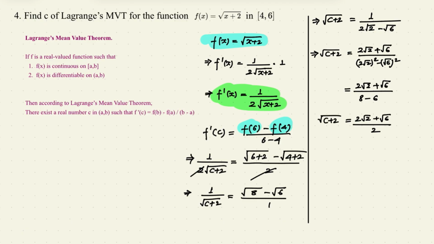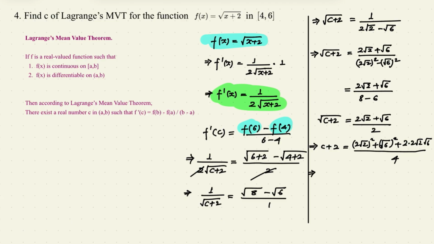Now in order to get the value of c, let us square both sides, then we will have c plus 2 equals, a plus b whole square is a square plus b square plus 2ab, whole divided by 4.